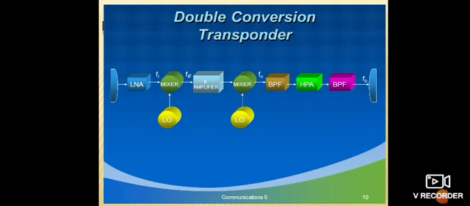So what does this mean? In this, the uplink signal is picked up by the antenna, amplified by the LNA, that is the low noise amplifier, and fed to the first mixer circuit.